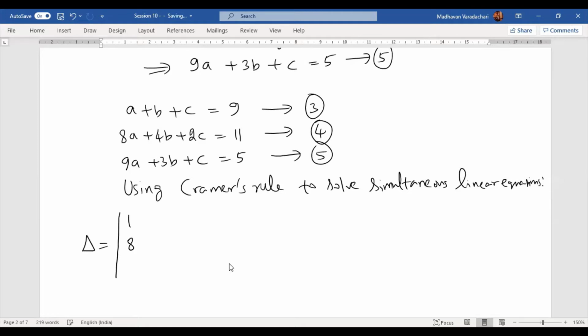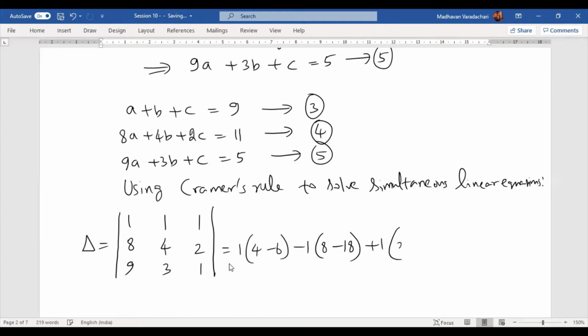1, 8, 9. This will be 1, 4, 3. This will be 1, 2, 1. Let us evaluate this, expanding it from the first row. So 1 times 4 minus 6, minus 1 times 8 minus 18, plus 1 times 24 minus 36.